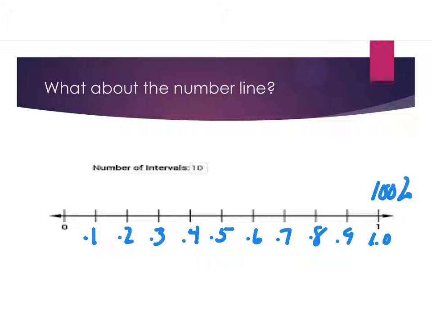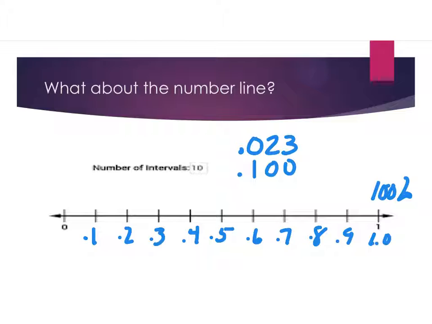So let's check some numbers out and see what you think. If I have 0.023, what is that? Well, let's compare it to like 0.1, which is the same thing as 0.100.